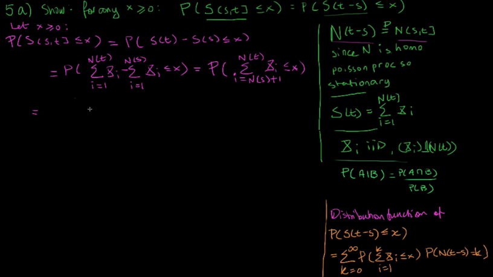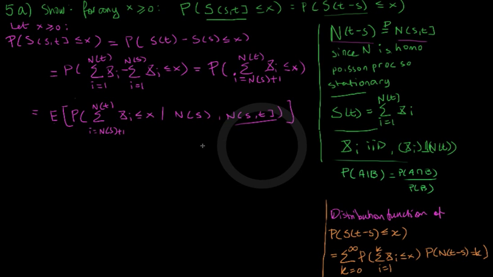So here, instead of conditioning on N of t and N of s, we will condition on N of s, let me write this up here, and on the increment in claim number from time s to t, because we know that this increment and this increment are independent of each other.